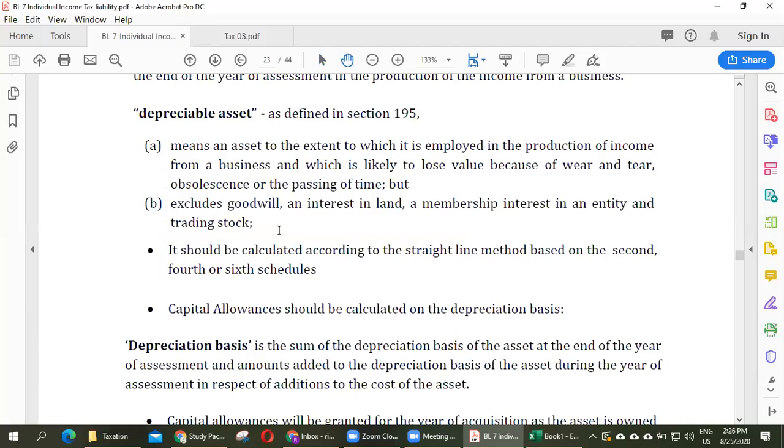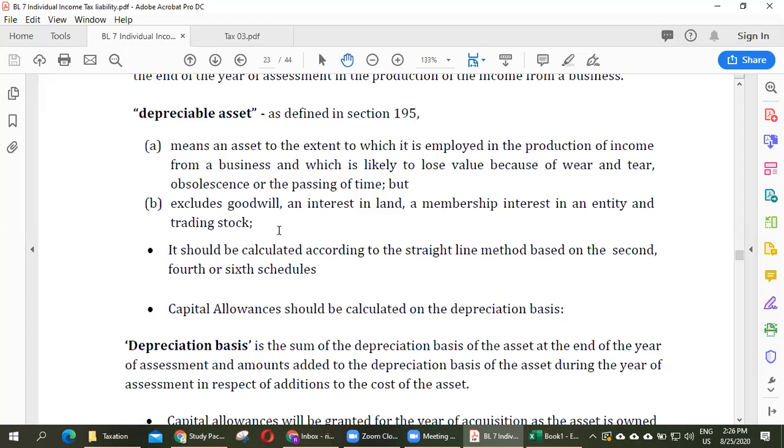Depreciable assets means an asset to an extent to which it is employed in the production of income from a business and which is likely to lose value because of wear and tear, obsolescence, or other passing of time, but excludes goodwill and interest in land, a membership interest in any entity, and trading stock. It should be calculated according to the straight line method based on the second and fourth schedules. We have to follow only the straight line method, no reducing balance or any other method.